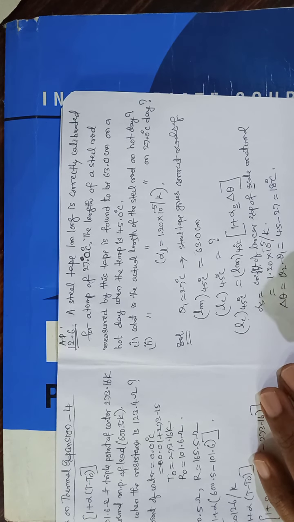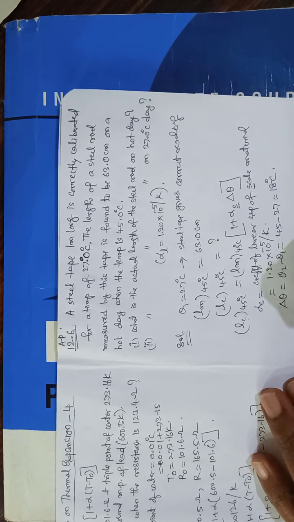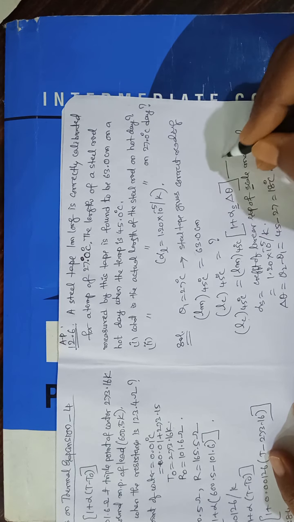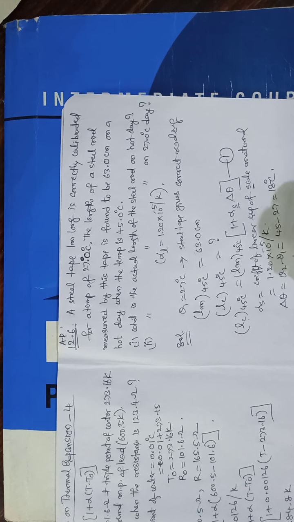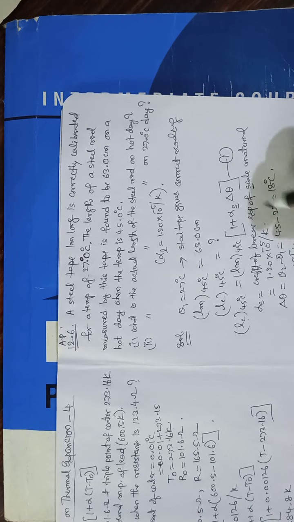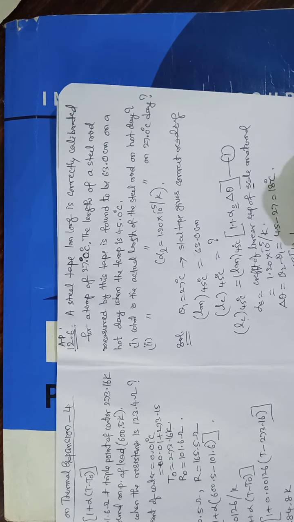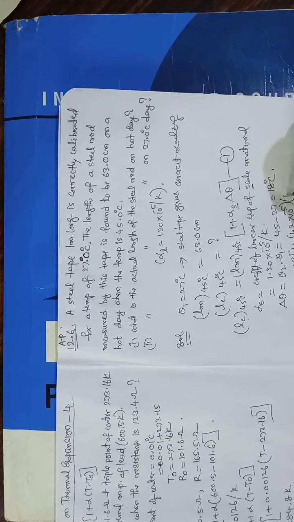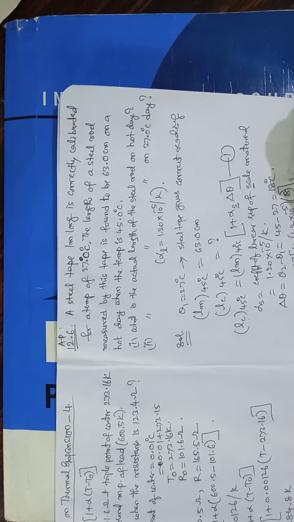Substituting the values in this equation, the measured length on the hot day is 63 centimeters, times 1.2 into 10 to the power of minus 5, times 18.